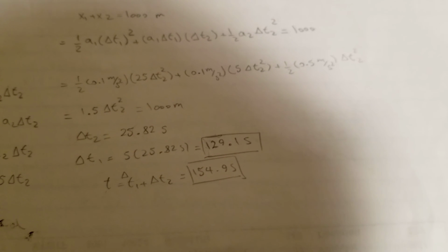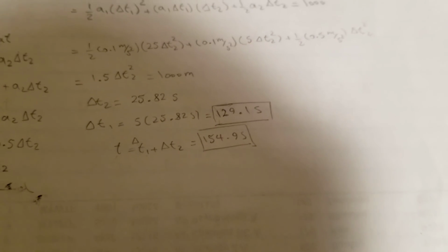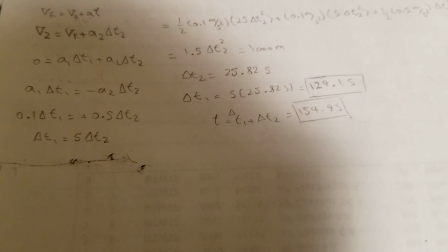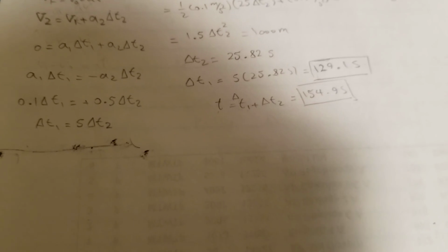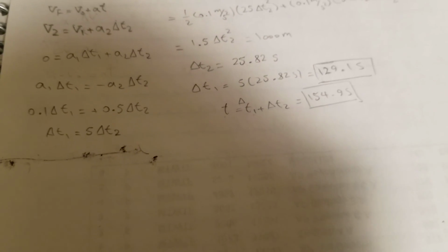And if we calculate that, delta t2 is equal to 25.82 seconds. And we had that delta t1 is equal to 5 delta t2, so our delta t1 is equal to 129.1 seconds. And our t, which is delta t1 plus delta t2, is 154.9 seconds.